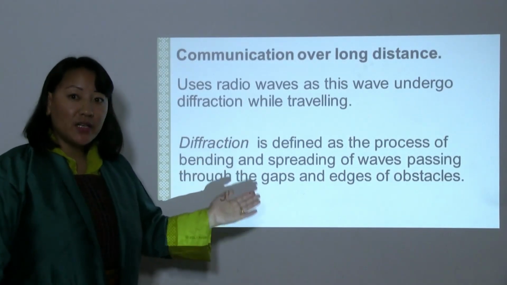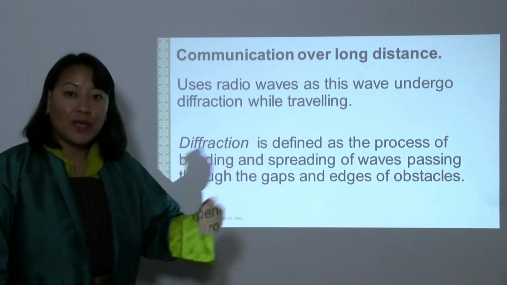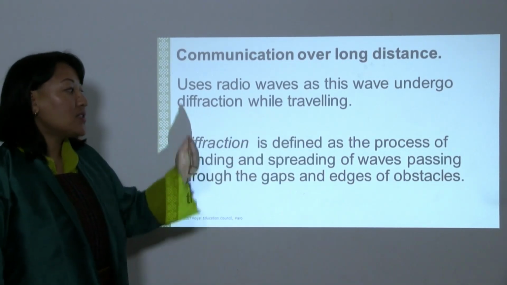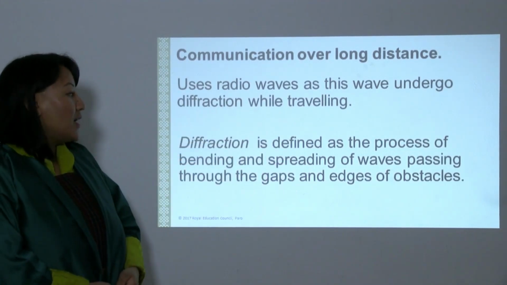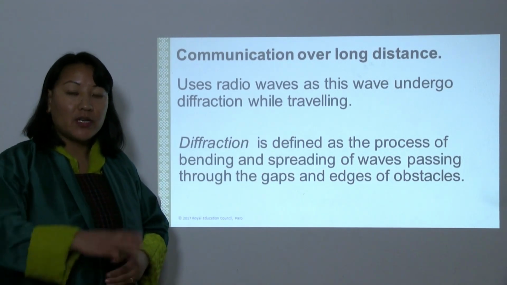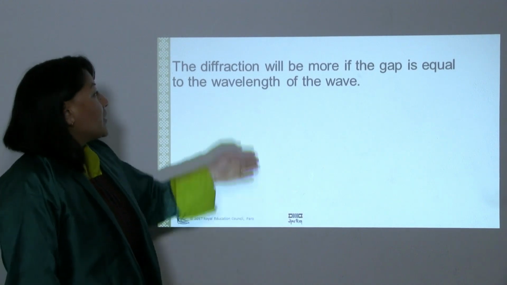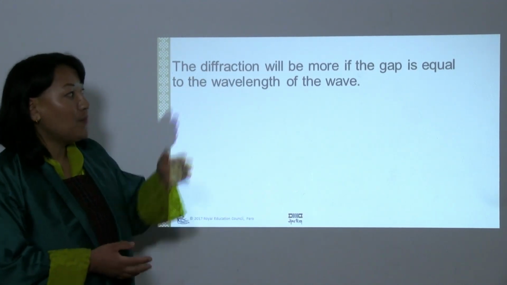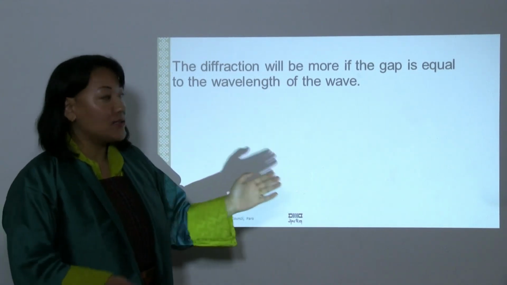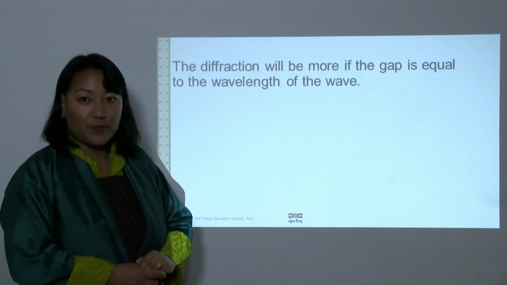As explained earlier, as the radio wave travels from one place to another place, it will come across obstacles. And when it strikes on the obstacles, it will result in bending and spreading of waves in other parts of the places. Now, the diffraction of this radio wave will be more if the gap of the obstacles is equal to the wavelength of radio wave.